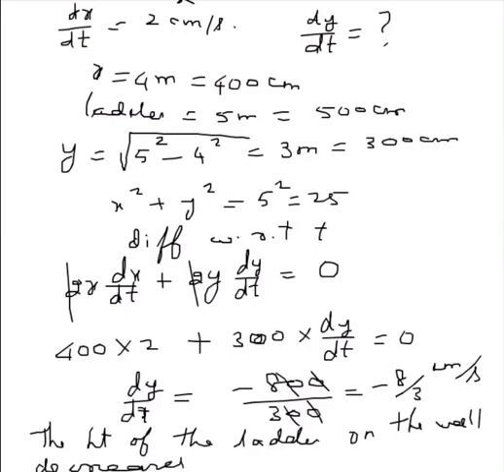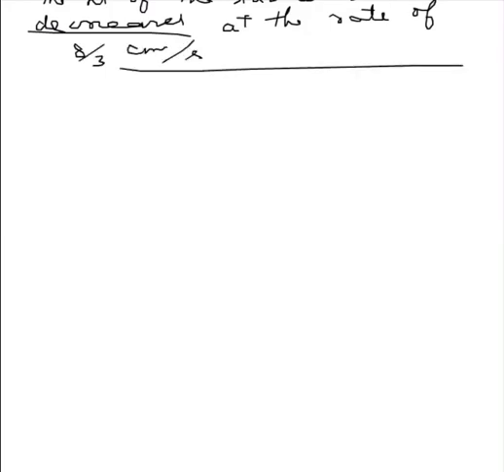If you use the word decreases, then you need not write the negative sign. Decreases at the rate of 8 by 3 centimeter per second. You have to write the answer like this. Okay, go through all the other answers, and then 13th.